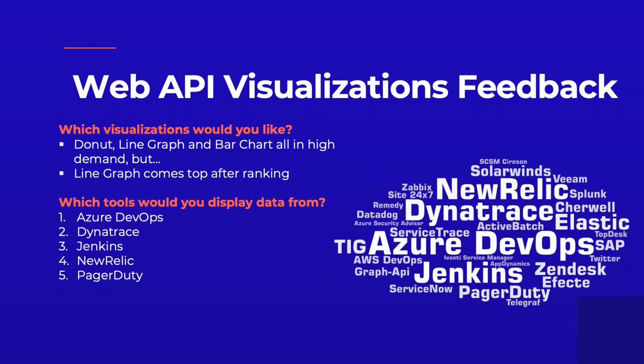But it's really great to see that SquaredUp is being used in conjunction with some of these big monitoring tools, and that actually you want to get data out of those tools and display it within our dashboards. So when we start to build this functionality out, we'll be looking at these specific tools to make sure that we do some thorough testing against those particular products with the new visualizations as they come out throughout the life of version 5.